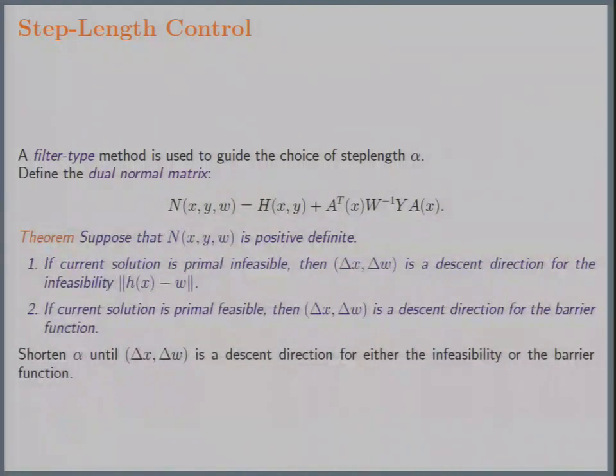So this is the norm of this vector squared, and so this is greater than or equal to 0. And so the matrix A transpose times the diagonal of positive entries times A is always positive semi-definite. So this matrix that's being added on is positive semi-definite.